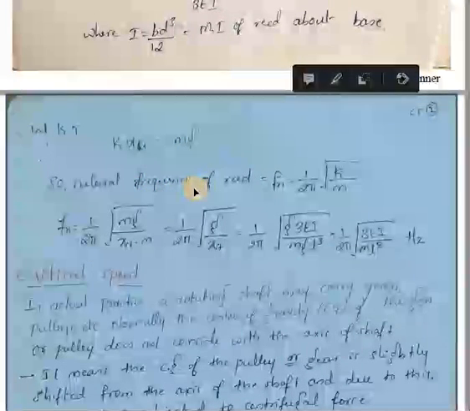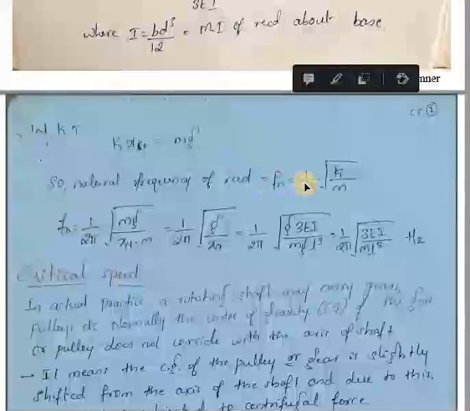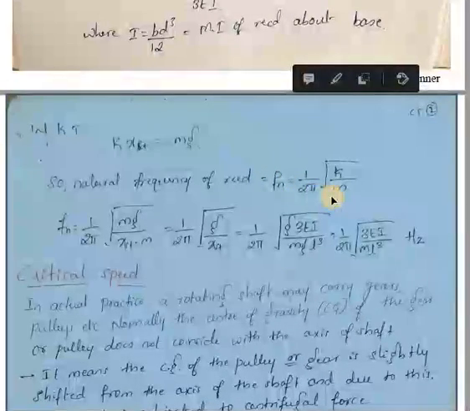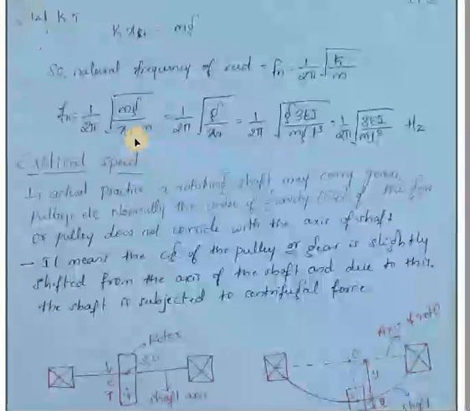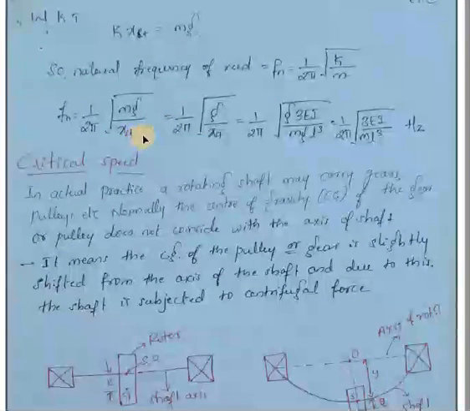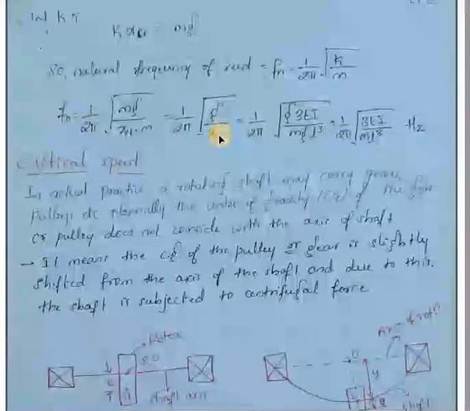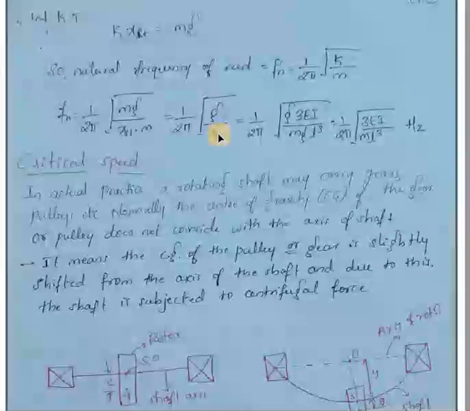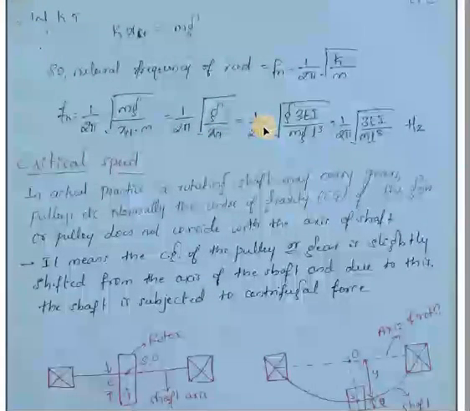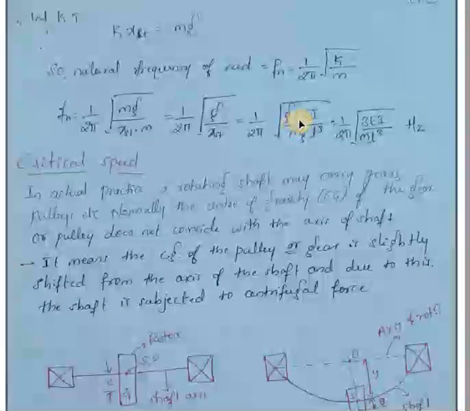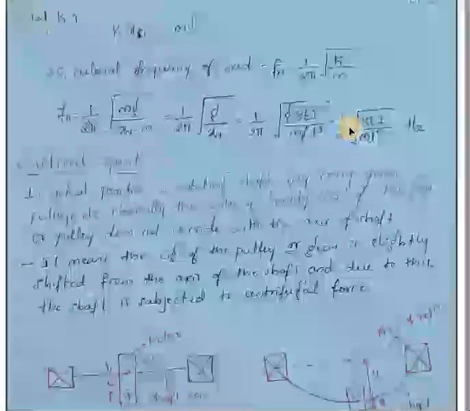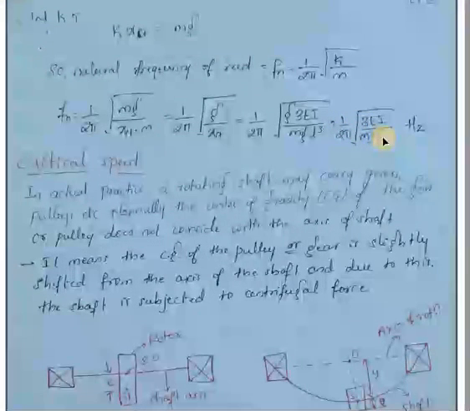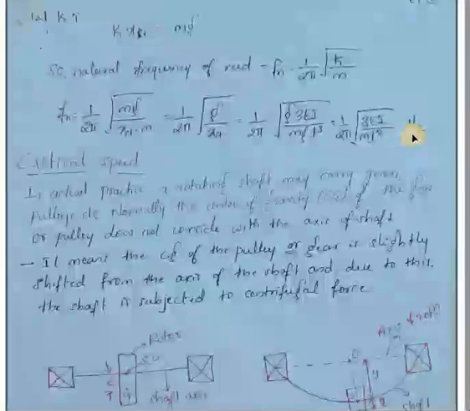Now the natural frequency of a reed Fn is equal to 1 divided by 2 pi into root of k by m, or 1 divided by 2 pi root of g by the static deflection delta st, which is equal to 1 divided by 2 pi root of g into 3EI divided by mg L cube, or 1 divided by 2 pi root of 3EI by m L cube. It will be in terms of hertz.